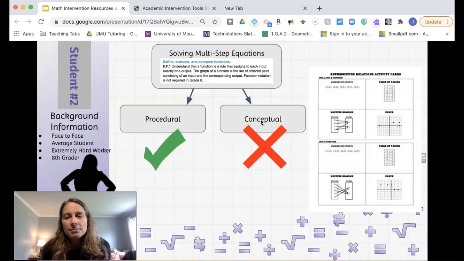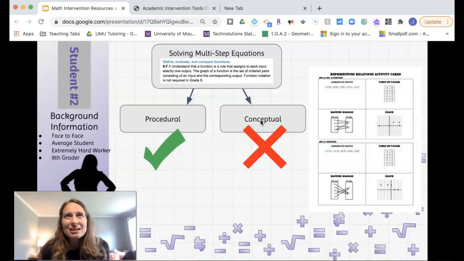But it took her a very long time on each question because she would literally look at each one and you could almost visibly see in her head her thinking, does every input have an output, over and over again, to find out which one's a function and which one wasn't.